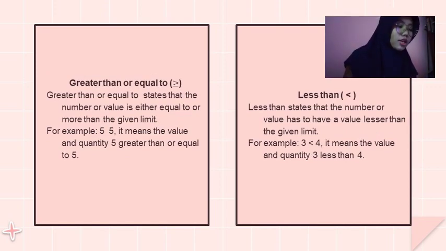Greater than or equal to states that the number or value is either equal to or more than the given limit. For example, 5 greater than or equal to 5. It means the value and quantity 5 is greater than or equal to 5.